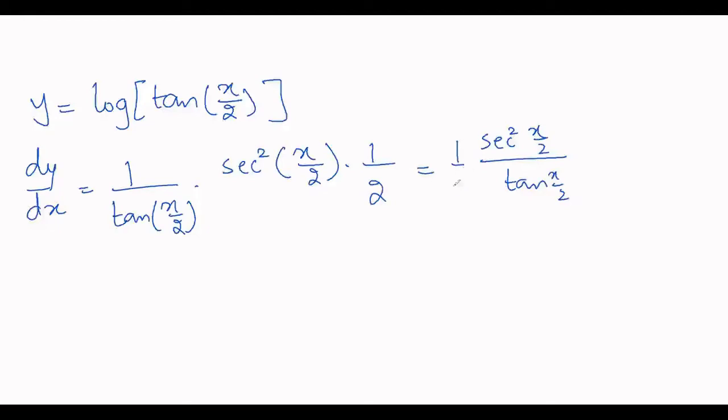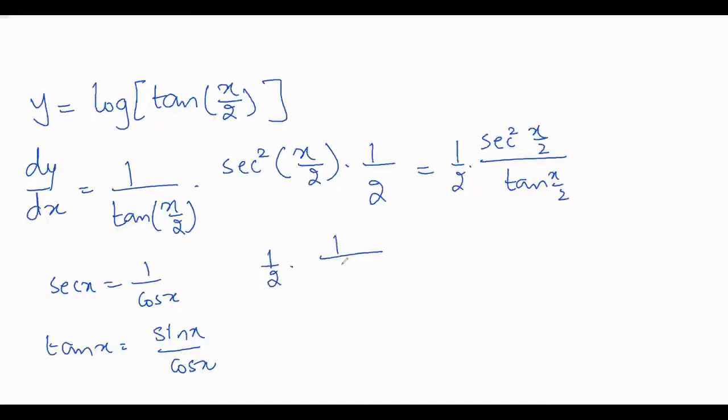So I can also simplify. We know secant x is 1 over cos x, and we also know tan x is sin x by cos x. So I'm going to simplify this. 1/2 into secant squared x by 2 is 1 by cos squared x by 2 divided by sin x by 2 divided by cos x by 2. So 1 cos x by 2 gets cancelled.